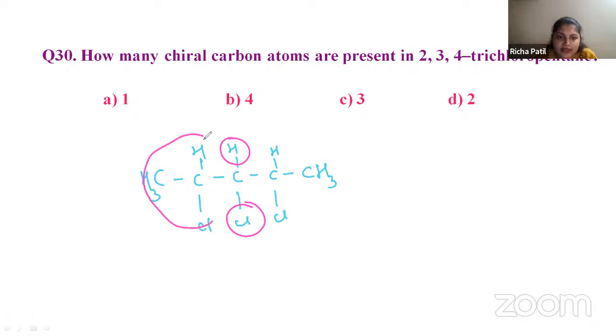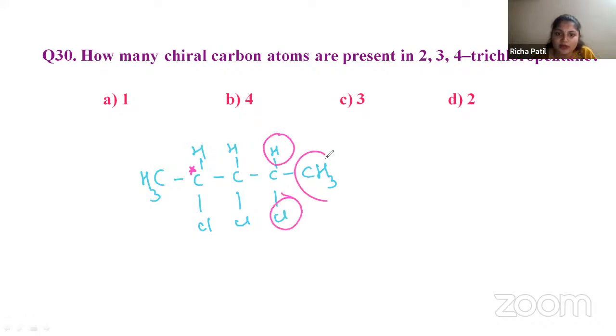So this 3 and this are the same, right? So this is not a chiral carbon atom. So only the first one is a chiral atom. Now we'll see with respect to this: 1, 2, 3, and the next one. So there are 2 chiral carbon atoms. The correct answer is C. Yes, many have answered C.